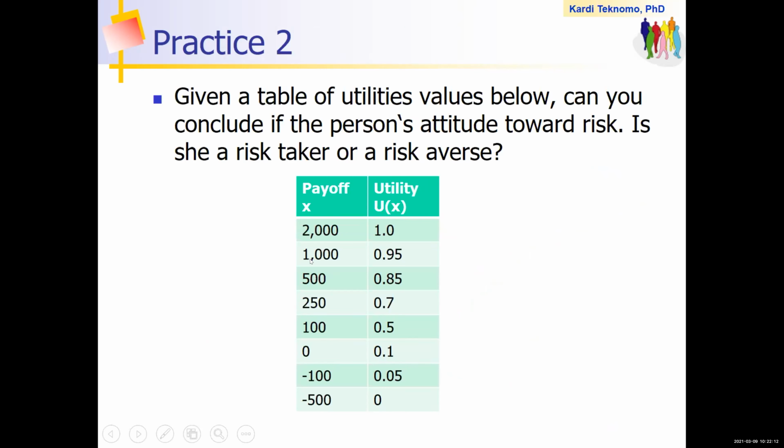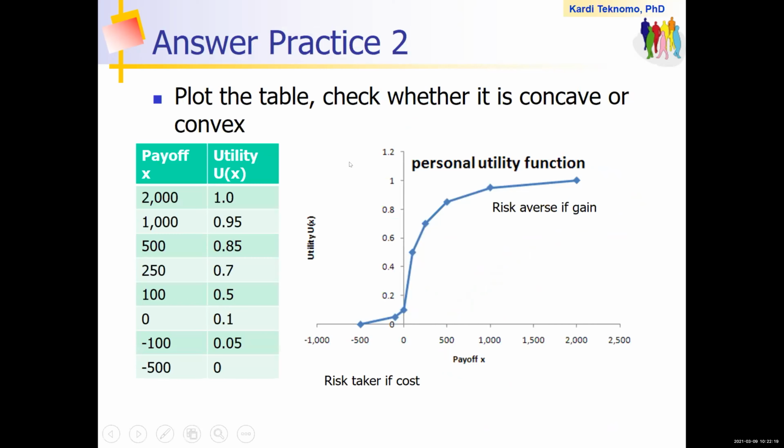Next. This is like the personal attitude toward risk, the one that you just practiced a while ago. When you chart it, you see the value here, and you can see whether it's concave or convex.